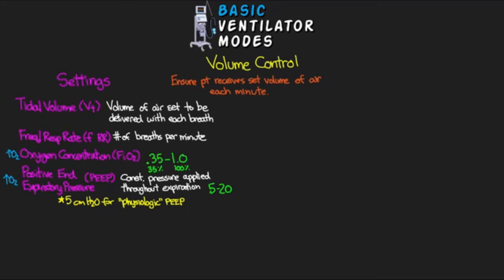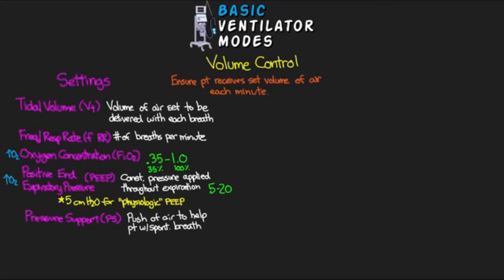All right, and so the final setting that I want to talk about here in this world of volume control is something that we call pressure support. This one you'll see abbreviated as PS. The best analogy that I can really give you for pressure support is if you think about this as a spotter at the gym. So this is really an extra push of air to assist our patients when they're taking spontaneous breaths.